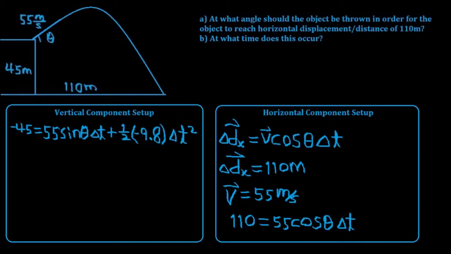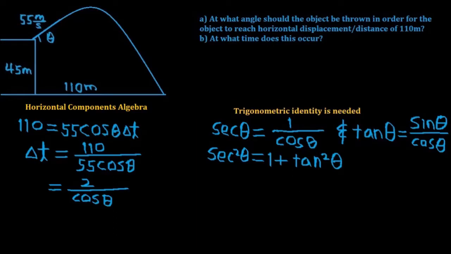So now you have to manipulate it around in such a way that you are isolating the time value. It works out as being 2 over cos theta.